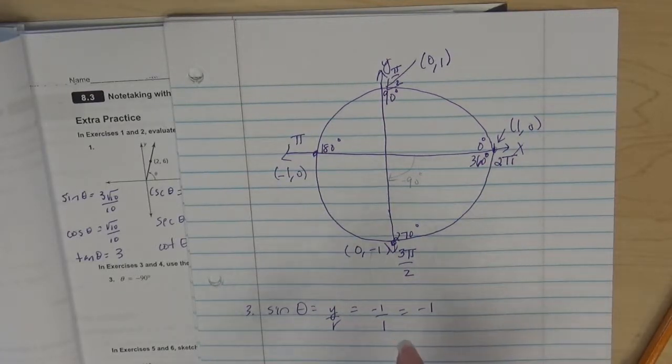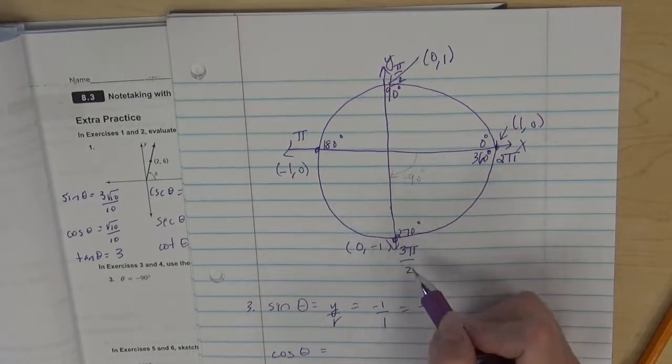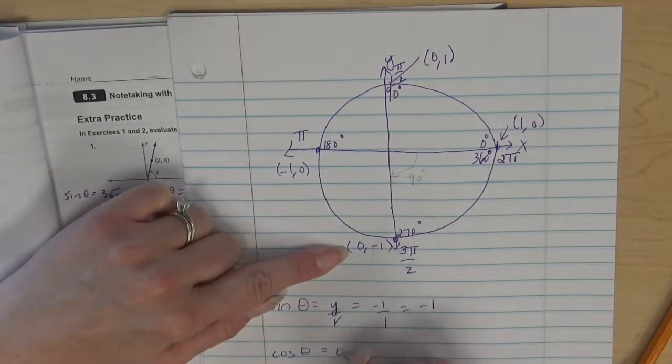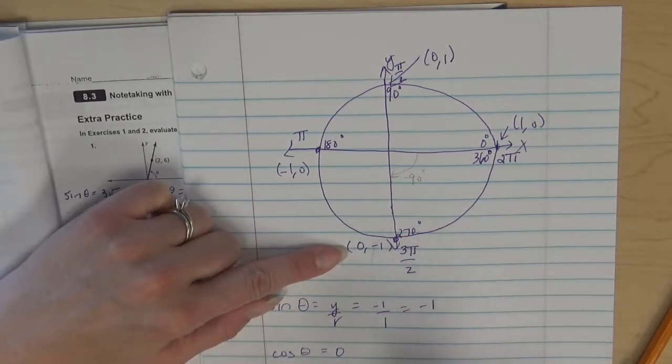So when you're using the unit circle, for any of these ordered pairs that you see, sine is always the y coordinate and cosine is always the x coordinate. So for cosine theta, still at the same spot, it's going to be the x value, 0, because that's x over r, and r is 1.